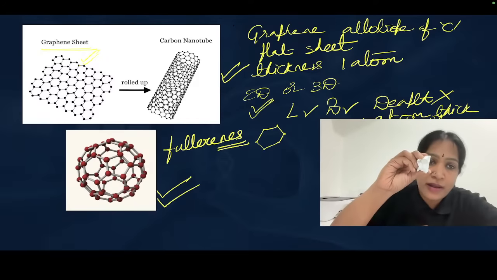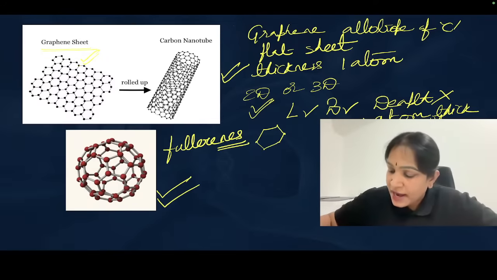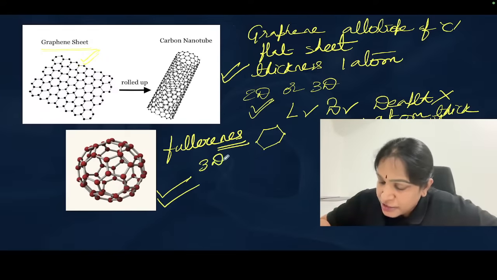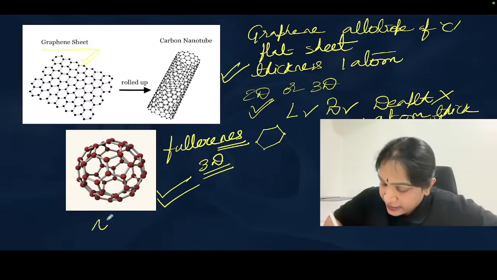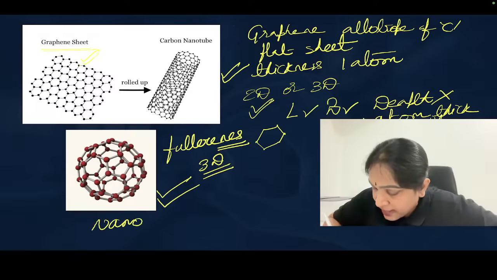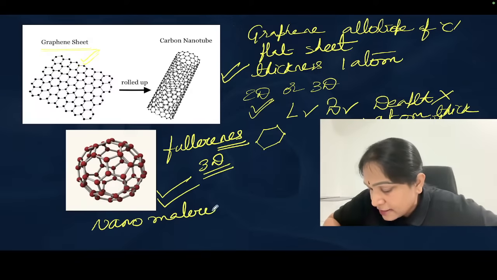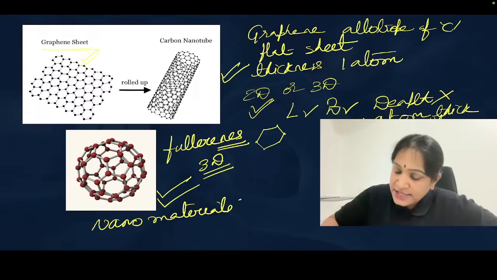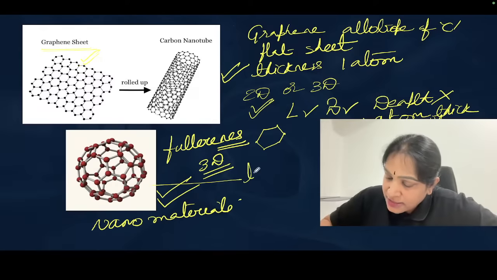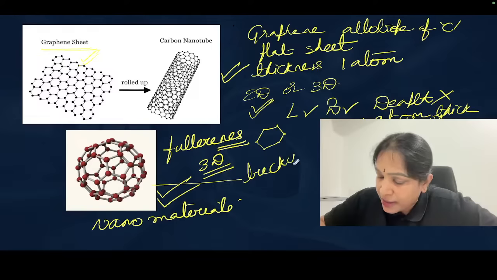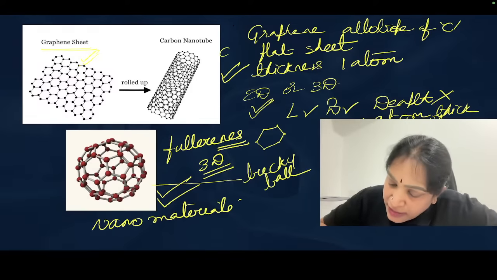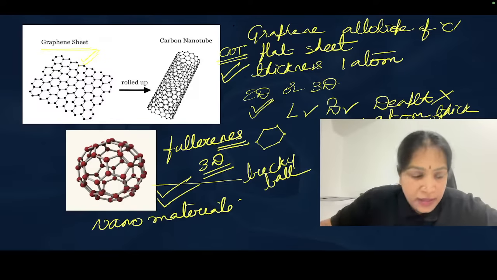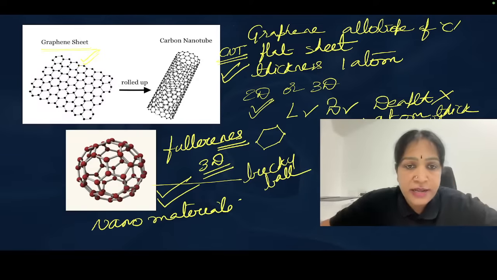Is it clear? And they both are three-dimensional. Fullerenes are three-dimensional nanomaterials. All of them are nanomaterials. We call this a buckyball, or Buckminster fullerene. And we call this carbon nanotubes. Is it clear for all of you?